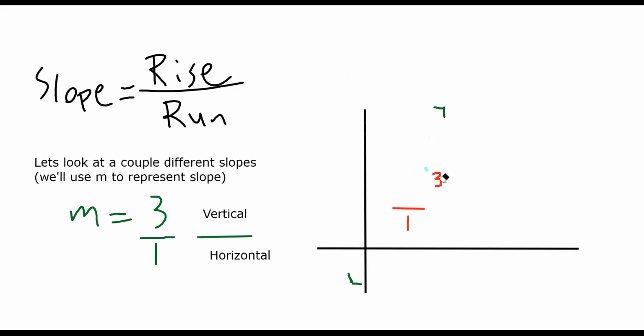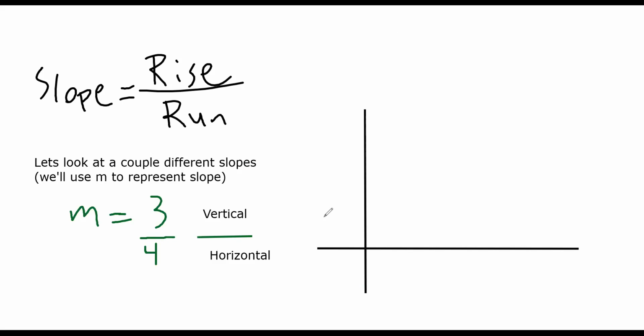Let's look at a couple different ways we can mess that up a little bit. Well, what if I changed the 1 on bottom to a 4? And now suddenly my slope is now 3/4, 0.75.